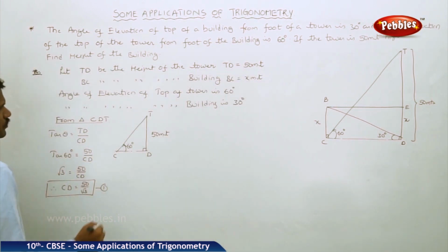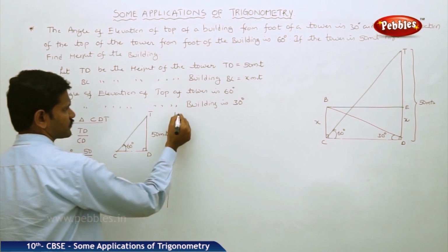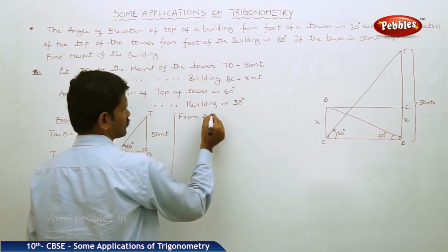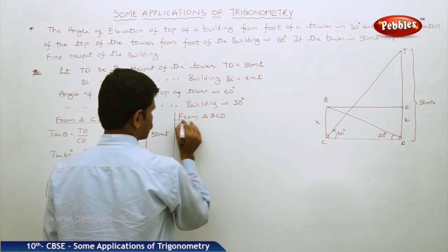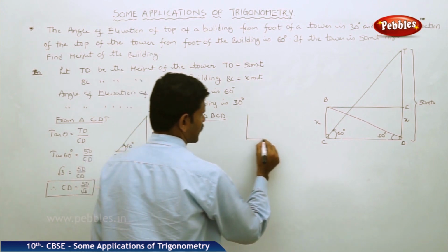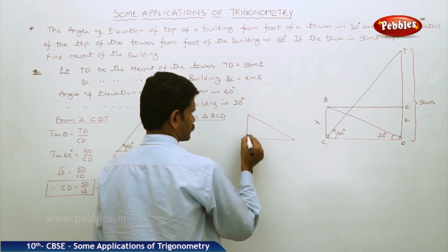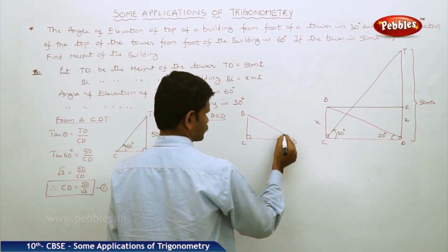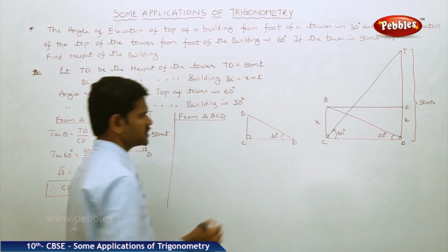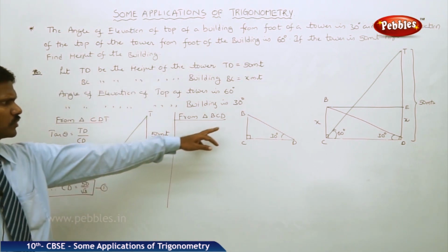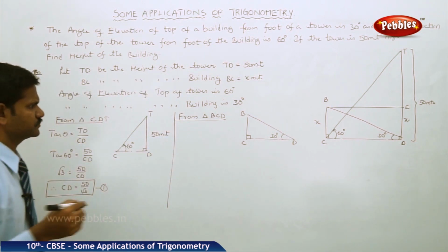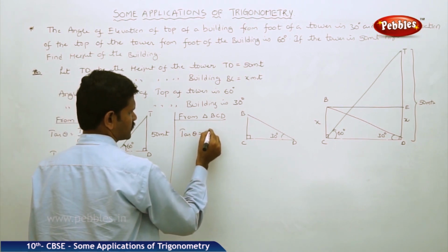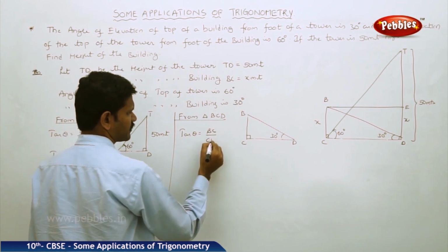Now consider the second case. From triangle BCD, the angle of elevation is 30 degrees. Now we have to find the height of the building. Tan theta is equal to opposite side BC by CD.